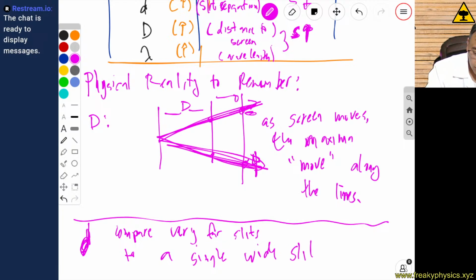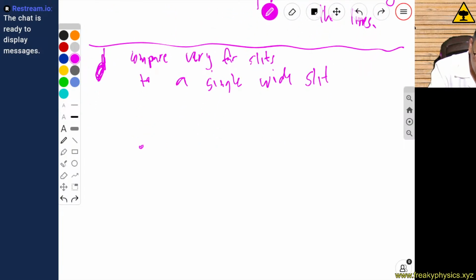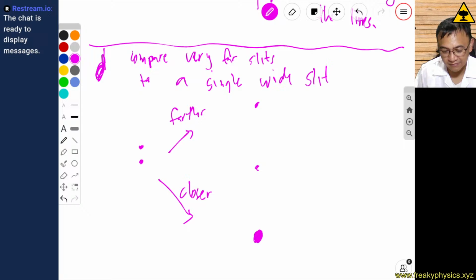I'm just going to put the slits in as dots like that. When you move the slits farther apart, you have two slits that are very far from each other. But if you move them closer, eventually your slits become one big slit, or one big space.